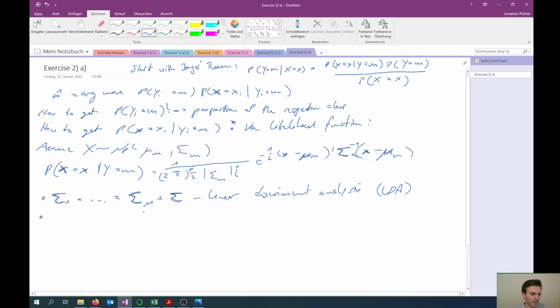If they are unequal, then the quadratic discriminant analysis.